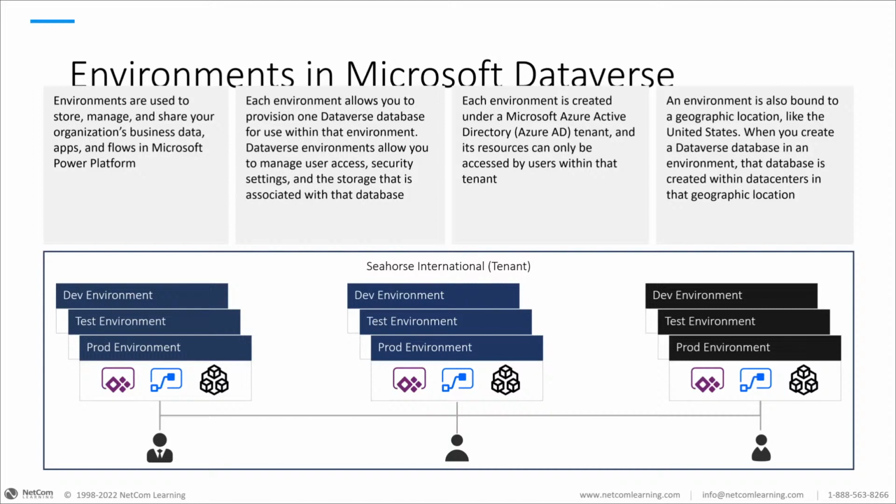So the reason that's important is that if the data is stored in a specific geographical location, then the laws of that location apply to that data. It supersedes everything else, regardless of where Microsoft happens to be located.